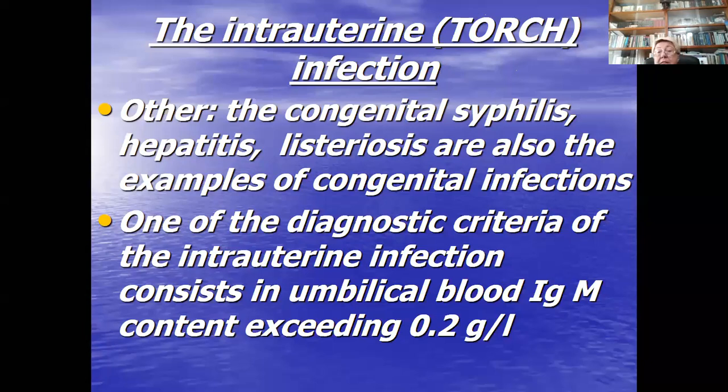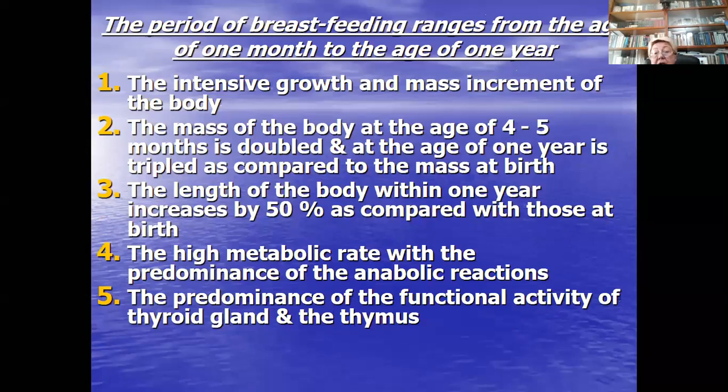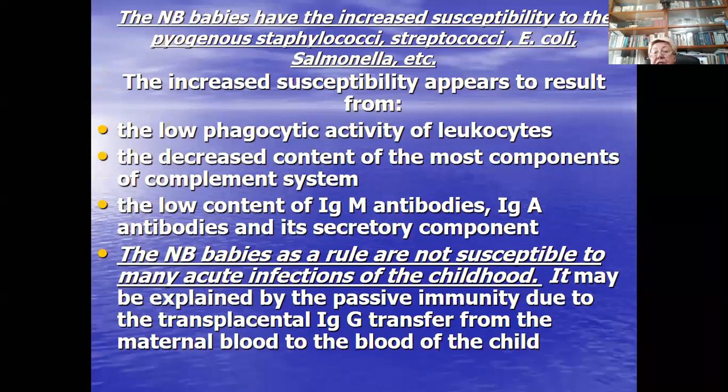You have to know that newborn babies have increased susceptibility to the pyogenic infections caused by staphylococci, streptococci, Escherichia coli, salmonella. The increased susceptibility of newborn children appears to result from the low phagocytic activity of leukocytes, decreased content of the components of the complement system, and the low content of immunoglobulin M and local immunity.